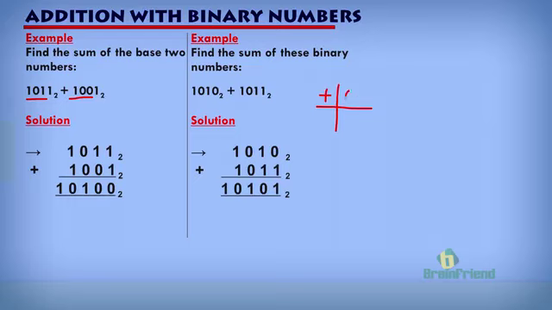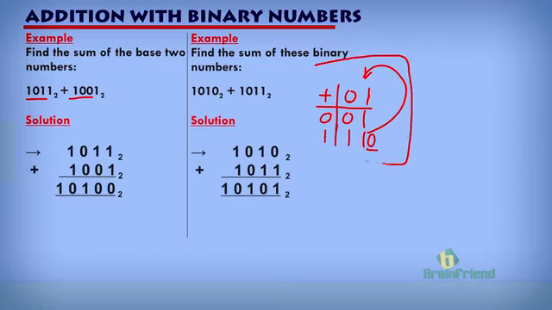That's our operation, plus. So we have 0 and 1, 0 and 1. We said 0 plus 0 will give us 0. 0 and 1 will give us 1. 1 and 0 will give us 1. 1 plus 1 will give us 10. That is, we put 0 down and we carry over 1 to the next significant bit. So you can quickly draw this somewhere to remind yourself of our rules.